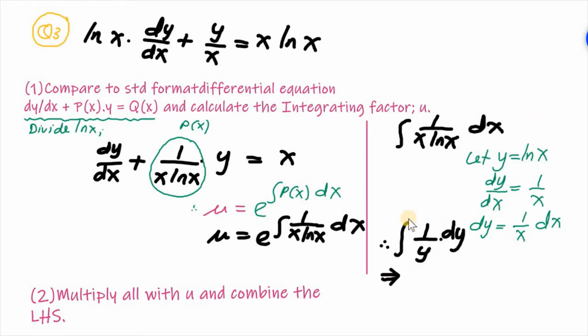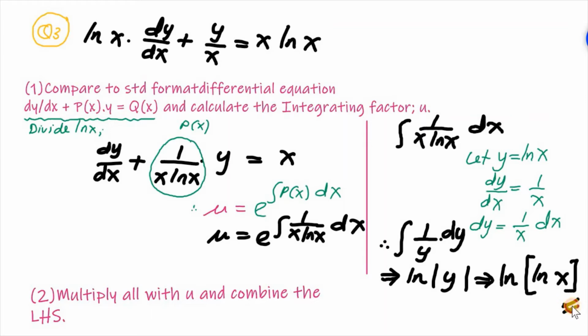So from a basic formula, the integral of 1 over y is ln y. Don't put down the c just yet. Replace it: this is ln of what is our y? It's ln x. So that is the format.